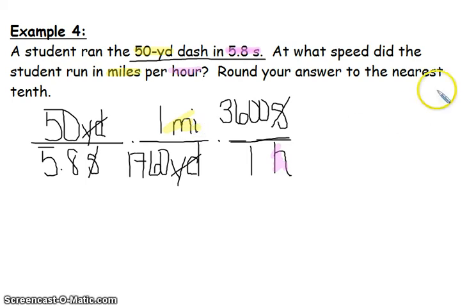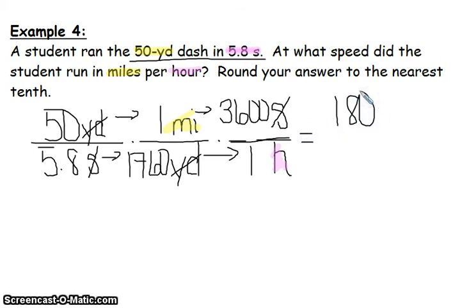Knowing how to multiply fractions, you all learned this in middle school, you need to just multiply straight across. So 50 times 1 times 3,600 will give you 180,000.